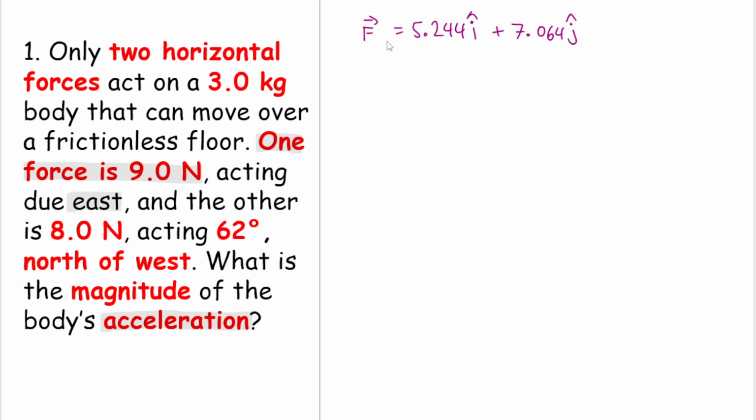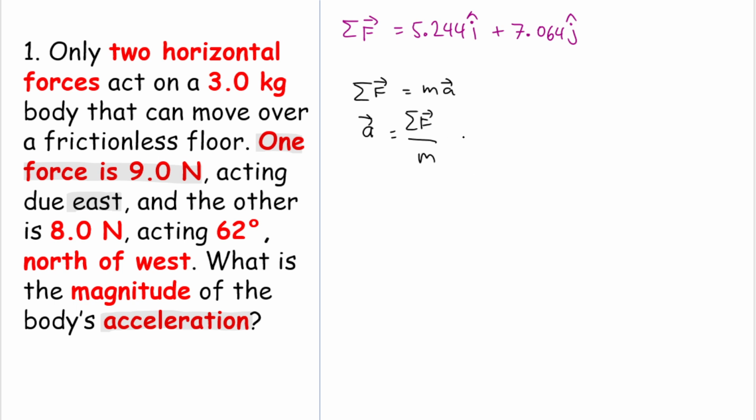Okay, from our calculation, we get the force here. The net force is this one. But we need to find out the acceleration. Remember Newton's second law. So the net force here is equal to mass times acceleration. Okay, and we can isolate the acceleration here. So that will be our net force divided by the mass.